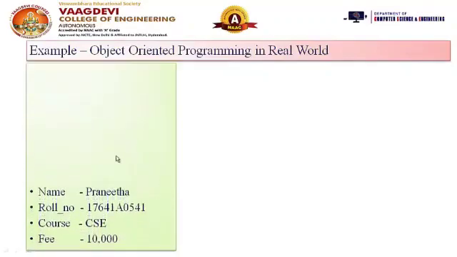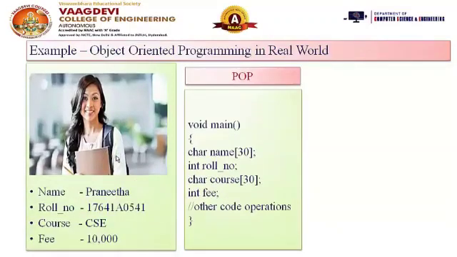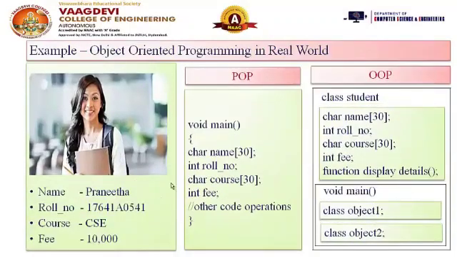Let's take a real world example of how object-oriented programming could help. In procedure-oriented programming, if we want to display n number of students' data, then we have to create n number of functions which operate on individual students.